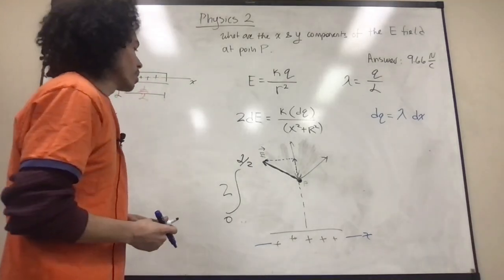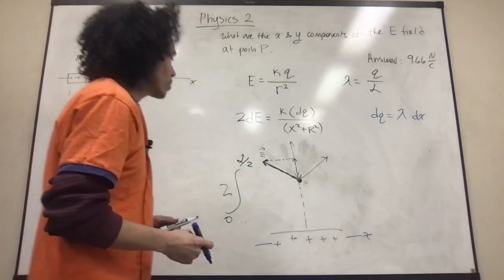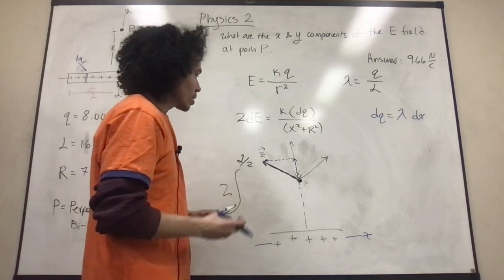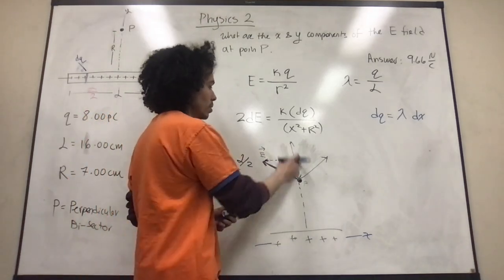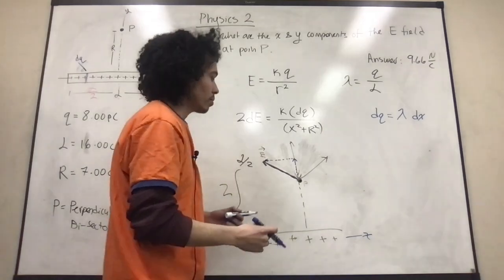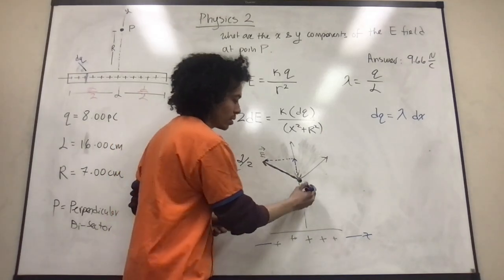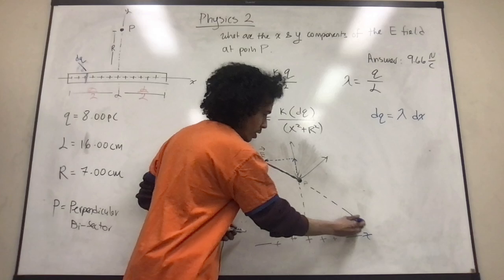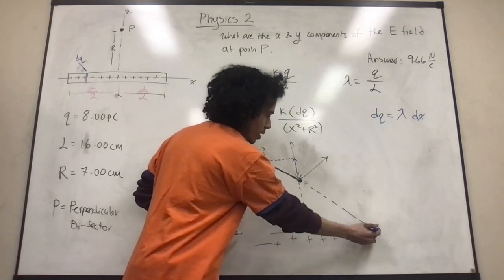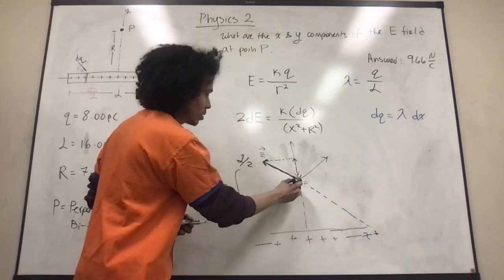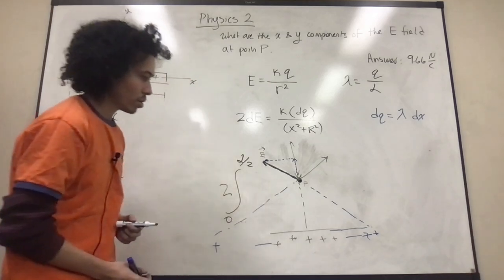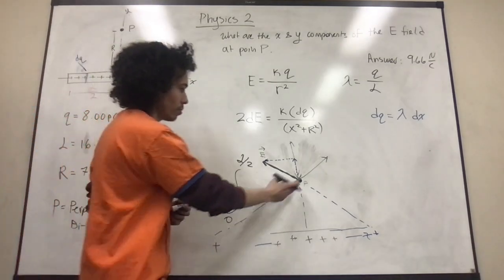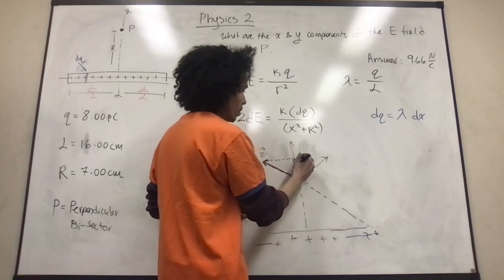So say we add up infinitely many vectors. Say the rod is over here, with a charged particle, and another charged particle over here.